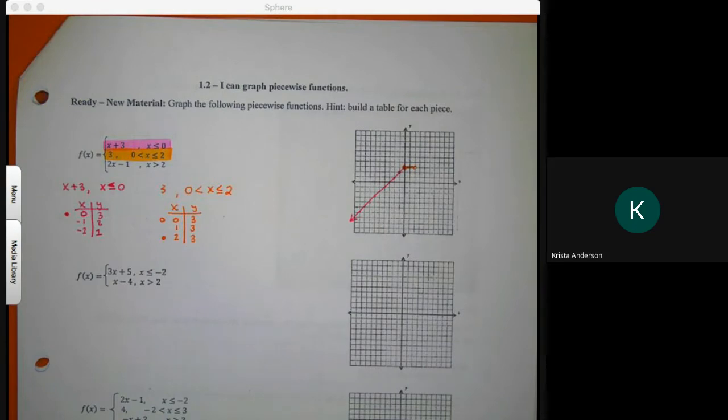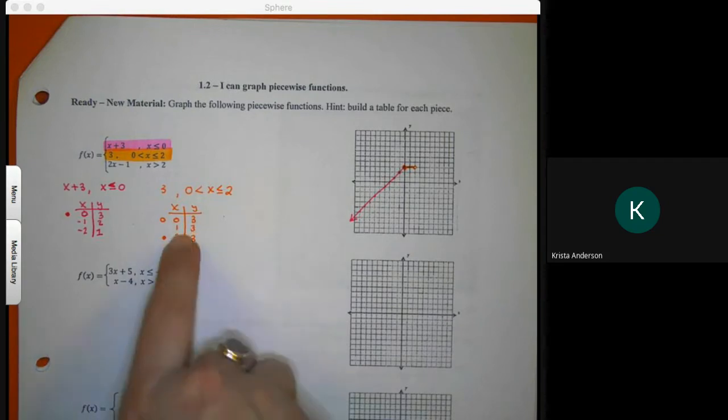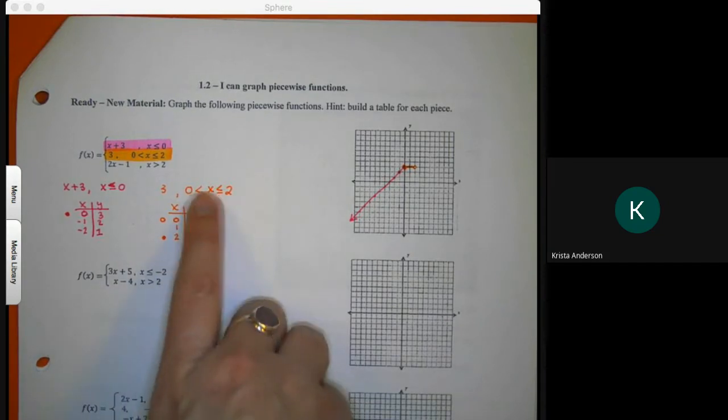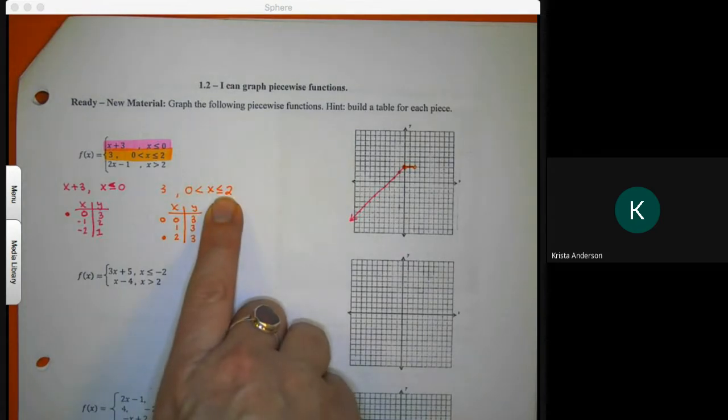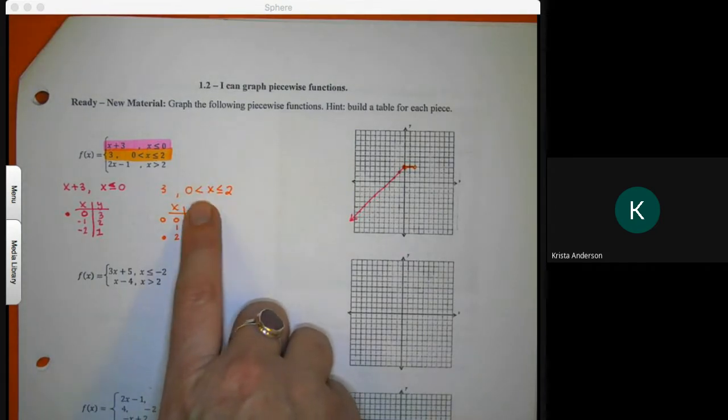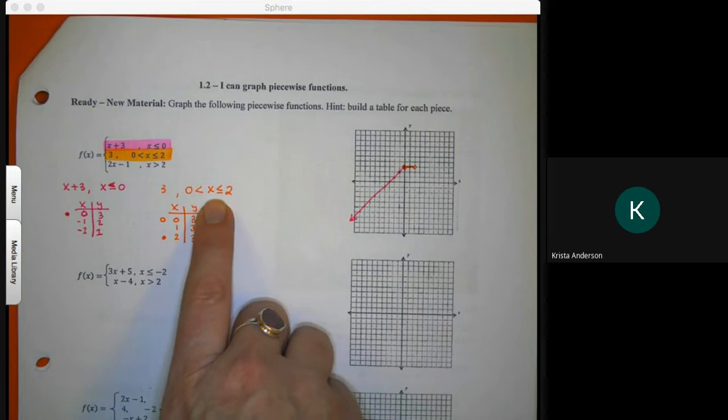Wait, what's number 1? Is it closed or open? We don't have to check the 1 because there's no 1 written in my inequality statement. So it's just part of the solid line. It technically is closed within it.